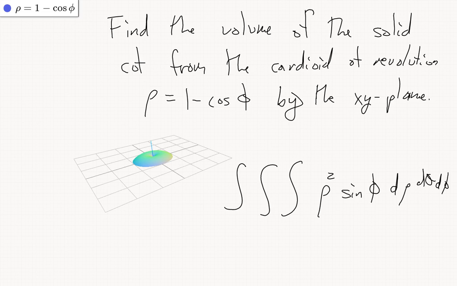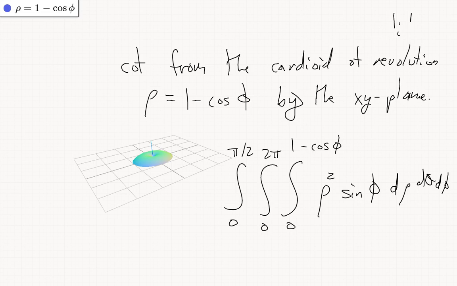So then our bounds are going to be, rho is going from 0 to 1 minus cos of phi. Theta is from 0 to 2 pi. And phi is going from 0, which is straight up, to the xy plane, which is when phi is equal to pi over 2. Okay, so we'll evaluate that.